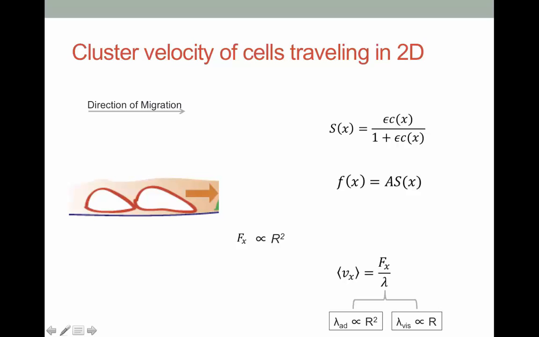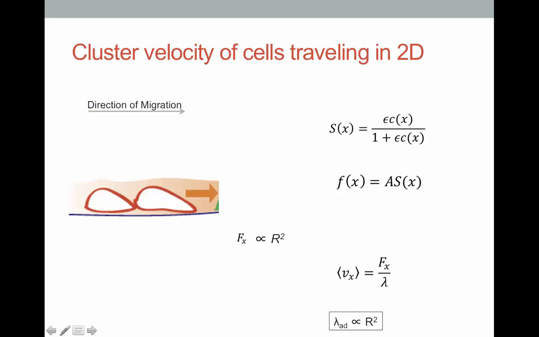And here the velocity Vx equals Fx divided by lambda, but this lambda no longer has the component of the viscous drag, because when the cells are in the culture dish, the fluid on top of them is considered infinite, and they are not surrounded by the extracellular matrix and not in 3D, so that it does not have a large, negative influence on the migration of the cluster.